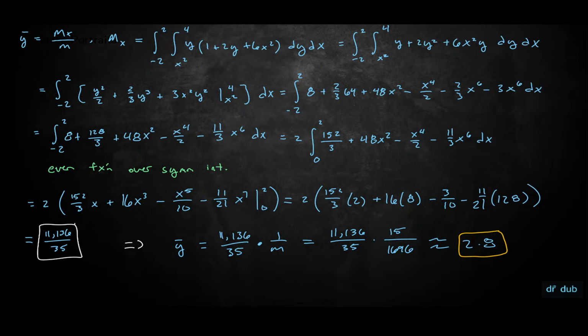Just double check. 152 over 3 times 2 plus 16 times 8 minus 3 over 10 minus 11 over 21 times 128 times 2. Closer. See if I type that in wrong.